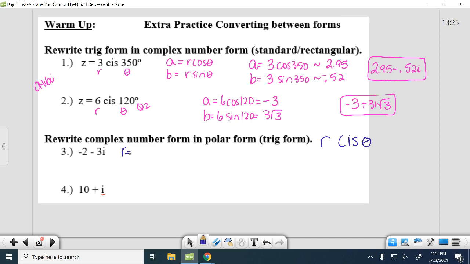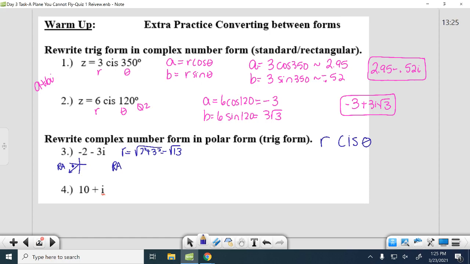The R value is going to be the square root of 2 squared plus 3 squared, which gives us a square root of 13. And then to find our theta value, okay, so make note of where we are. We have both negatives. So we're actually down here in quadrant 3. So we're really going to be finding this reference angle first.